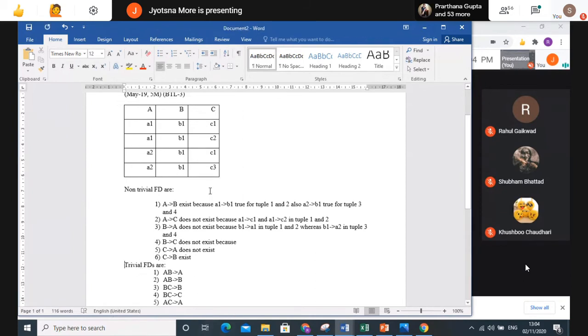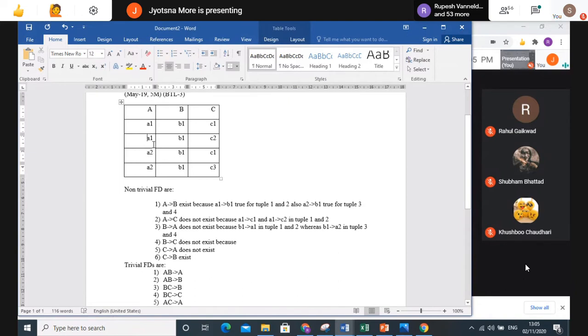Now we'll check AB determines A. We have to combine the values of AB. I will take A1, B1 determines A1. A1, B1 determines A1. A2, B2 determines A2.